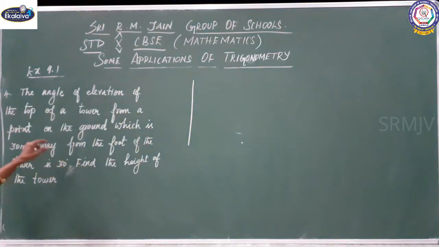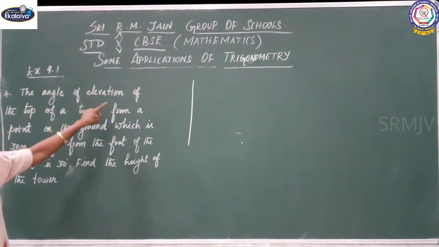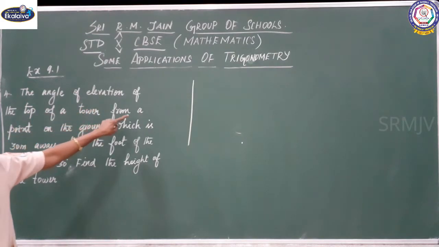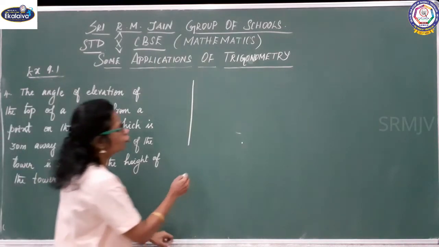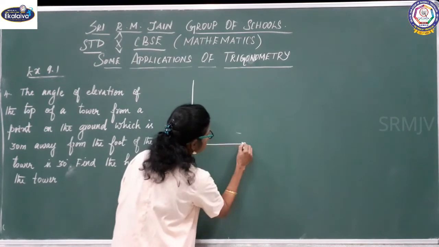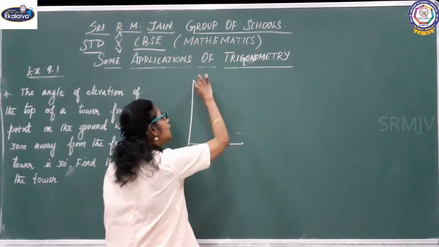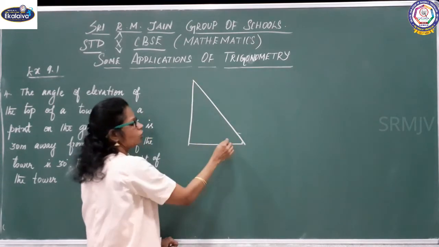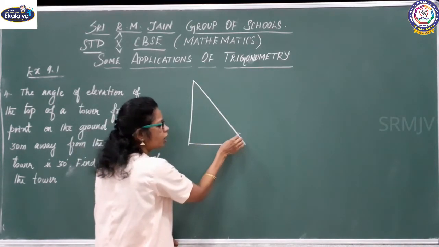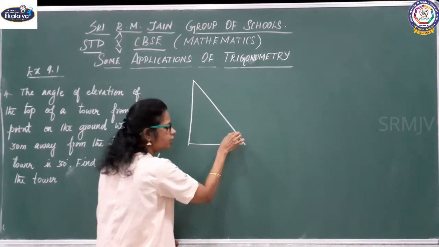is there. What they mention, you see, the angle of elevation of a top of a tower from a point on the ground which is 30 meter away from the foot of the tower. Angle of elevation, this is our horizontal line, this is our line of sight. Above the horizontal line and the line of sight, the angle is there.